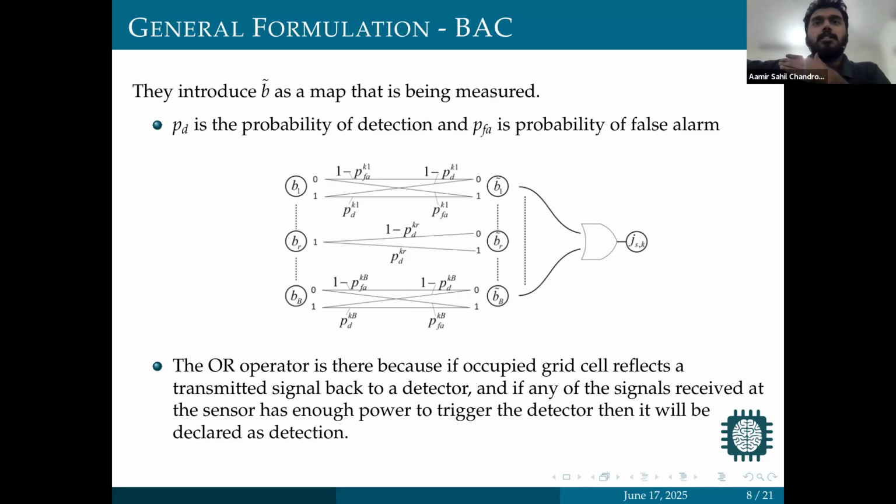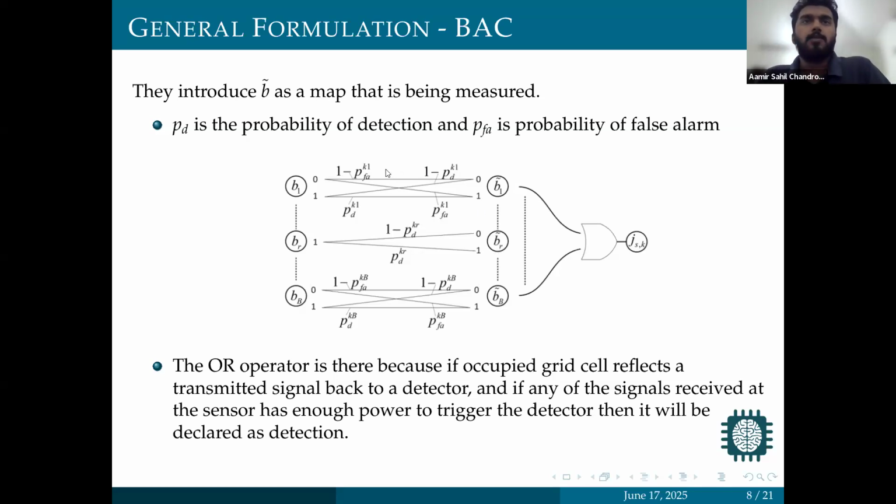If there is any b tilde where b tilde is 1, then that measurement j_sk would be 1 as well. So it's basically a Boolean summation over b tilde.